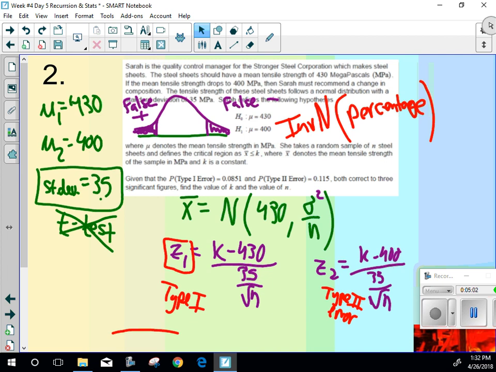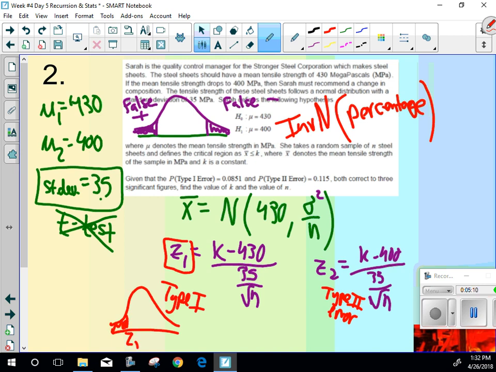For this one, we have this region here, and we want to find this Z1 right here. To do that, you go inverse norm of 0.0851. Would you do me a favor and find out what that is?